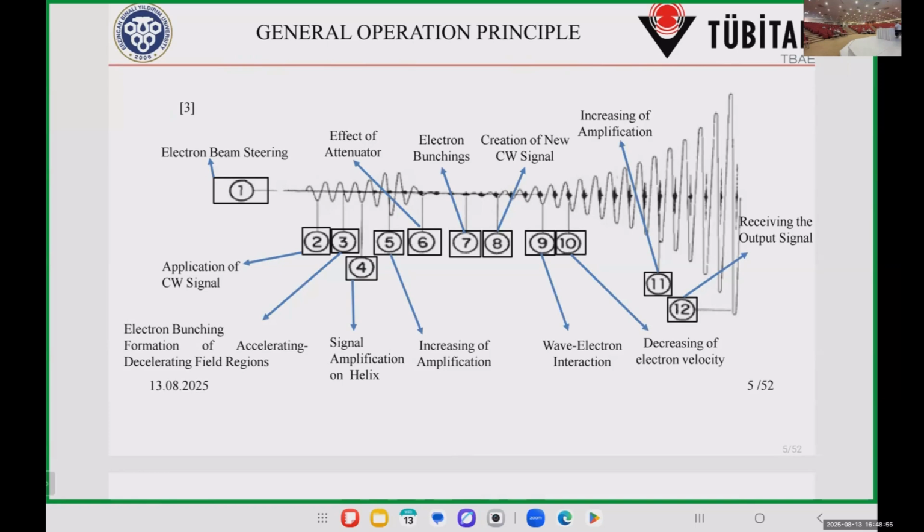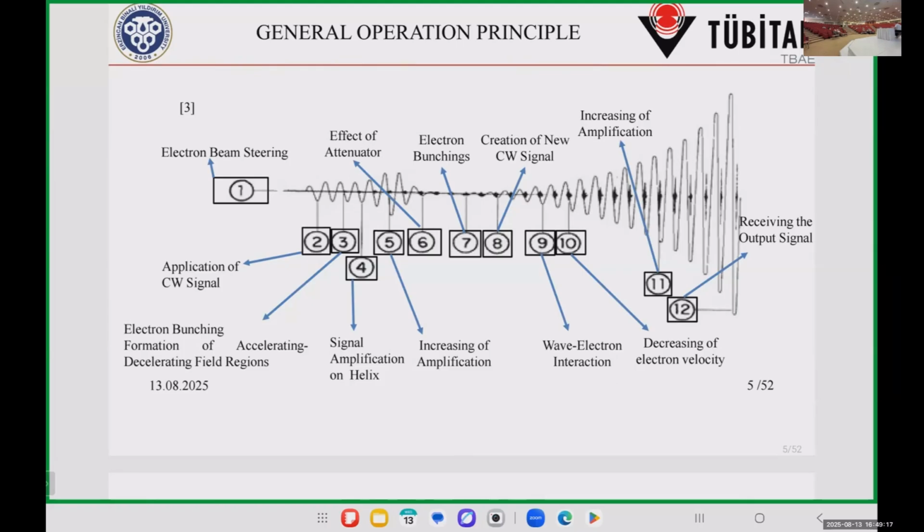For this one, we can think of a helix slow wave structure. The magnitude of force exerted on the electron beam by the continuous wave signal. So the beam wave interaction can start here.